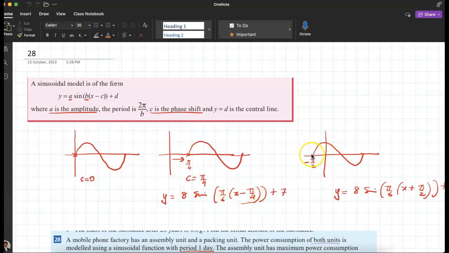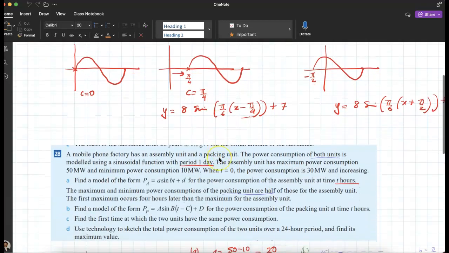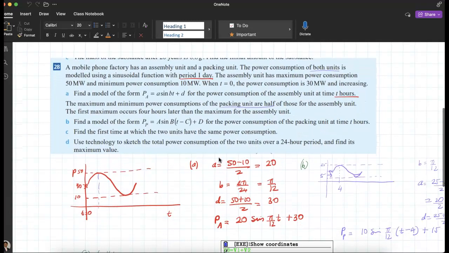When it shifts to the left, you write x plus pi by 2, because it is x minus c. So basically this is your phase shift. When you're looking at a phase shift, you look at this point on the sine curve and you see how much it has shifted. This is what you have to do.